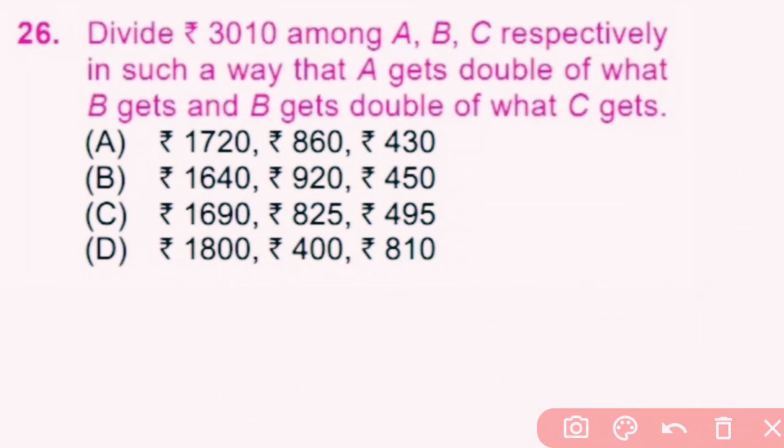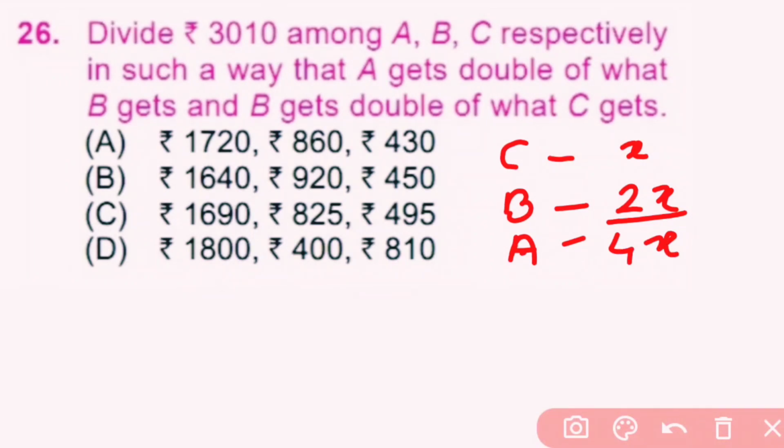Question number 26. Divide rupees 3010 amongst A, B, C respectively in such a way that A gets double of what B gets and B gets double of what C gets. Consider C gets X money and B gets double of C, means B gets 2X, and A gets double of B, means double of 2X is 4X, and total of it is 3010.